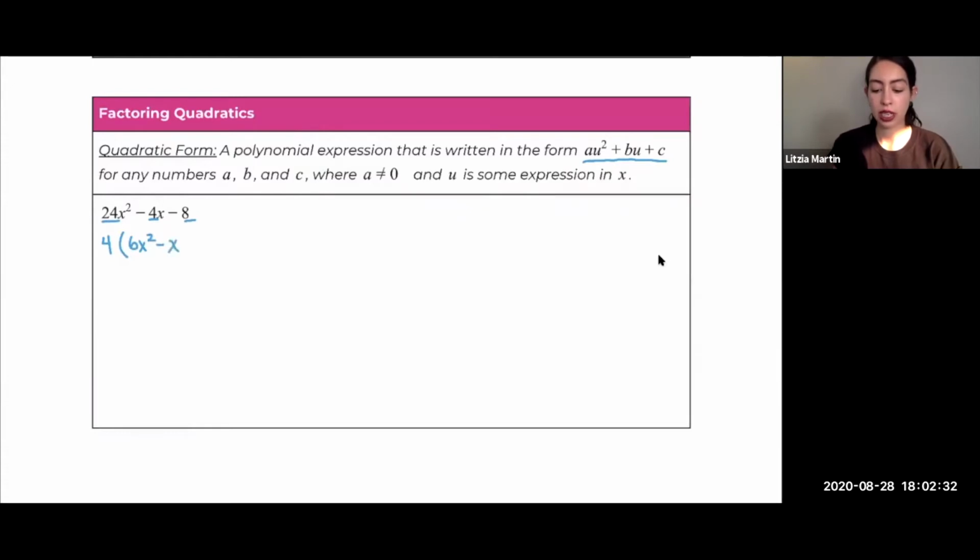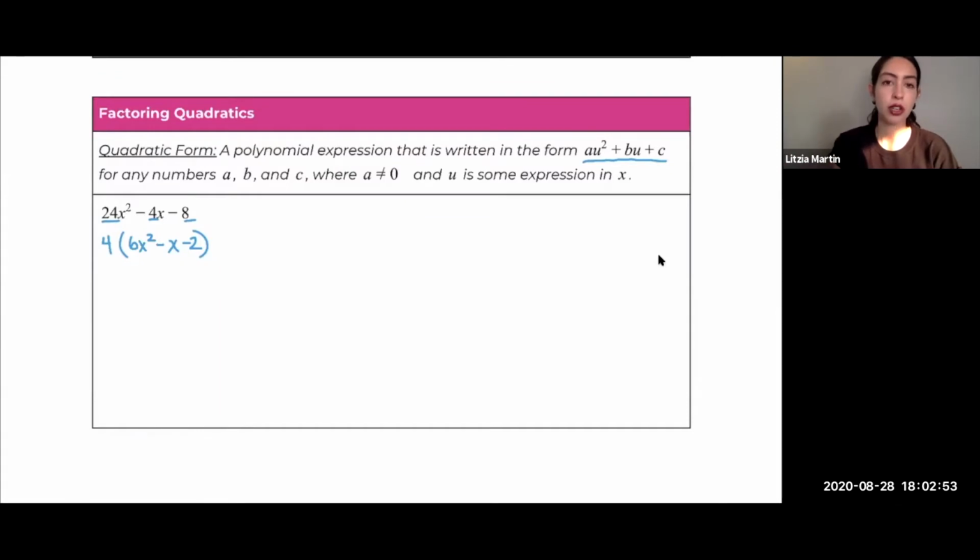So one tip here, and this goes for any strategy, is always start out by looking for the GCF, the greatest common factor, and factor that out. So that first kind of problem that we saw, always start with that. And then you can go in and try to apply different strategies from there.